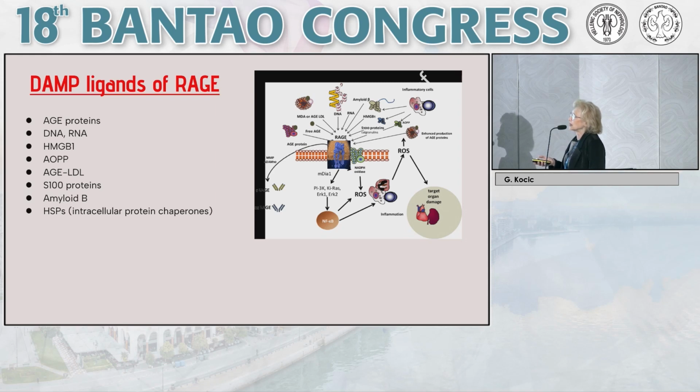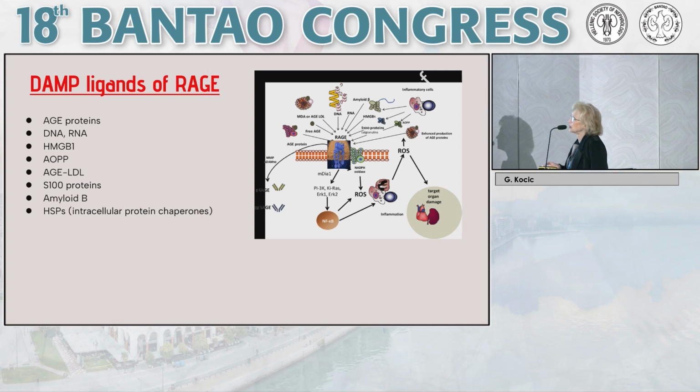What are the ligands for DAMP molecules of RAGE receptors? The name they received is because it was first discovered that they can bind glycated proteins in diabetes.